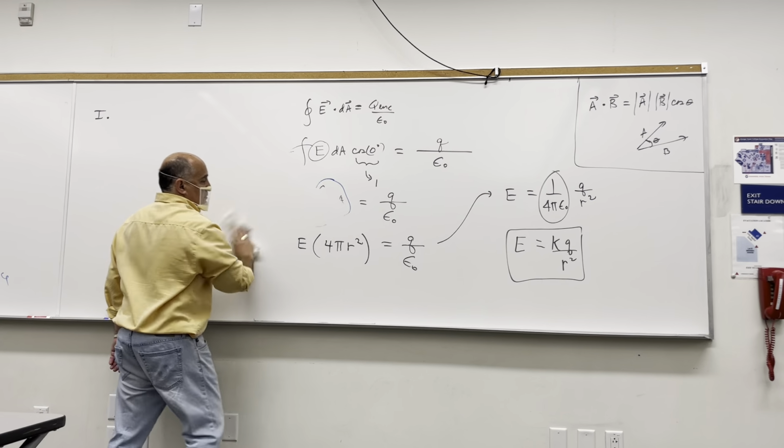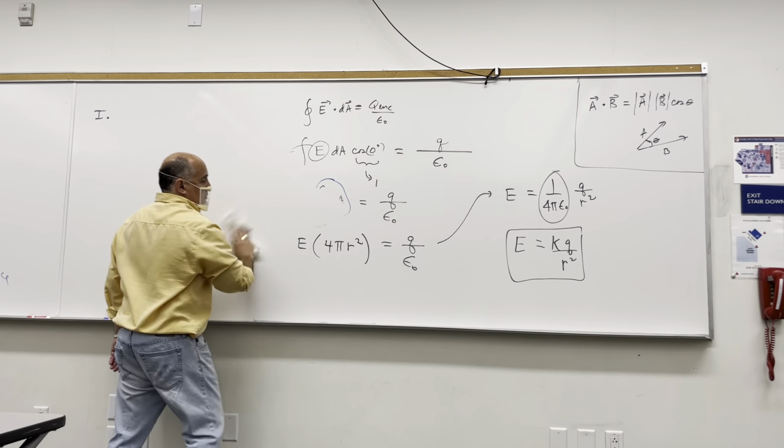So if I did a graph of the electric field as a function of distance, this is R, this is E, this is R equals A, this is 0.